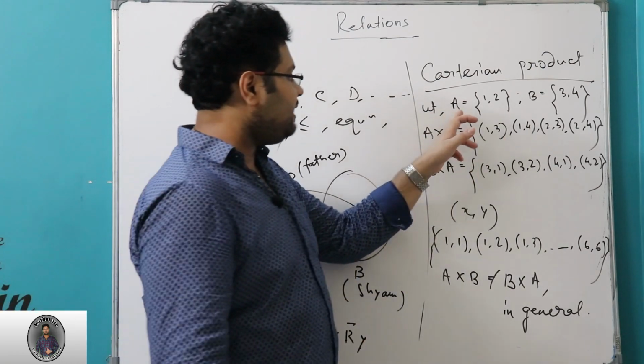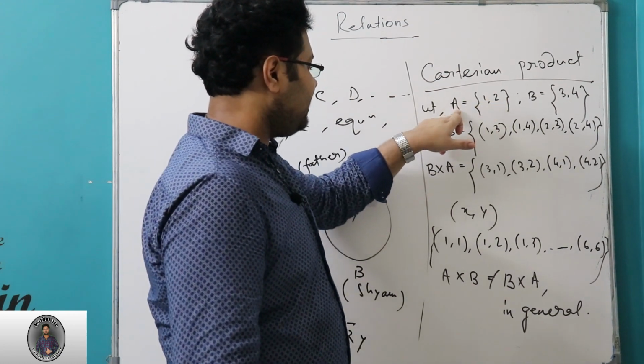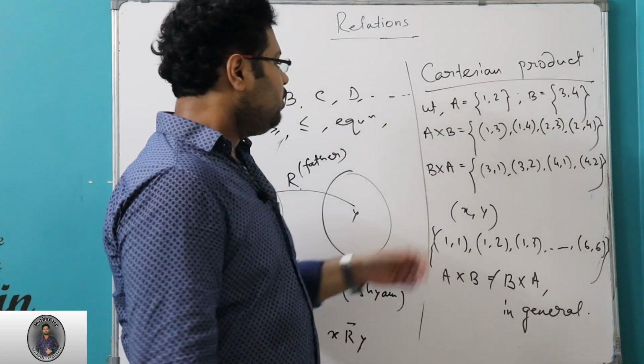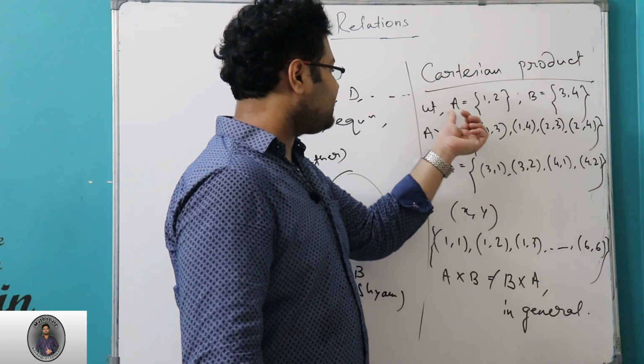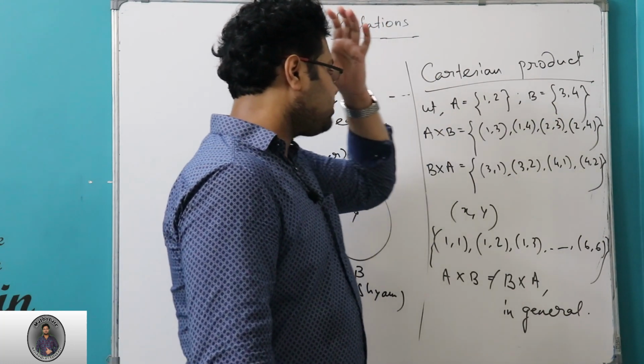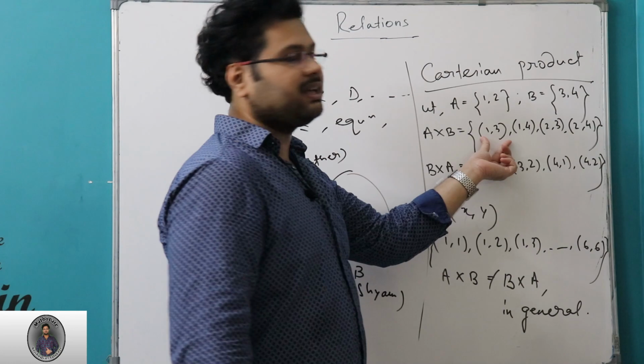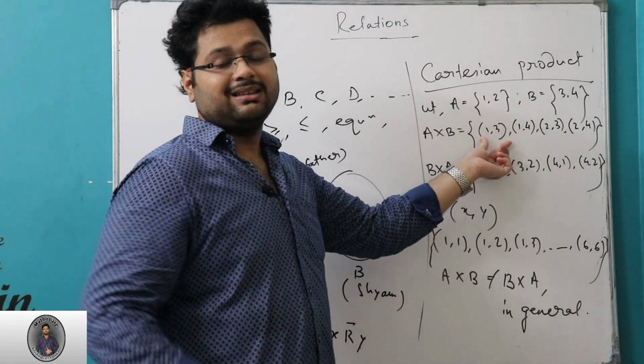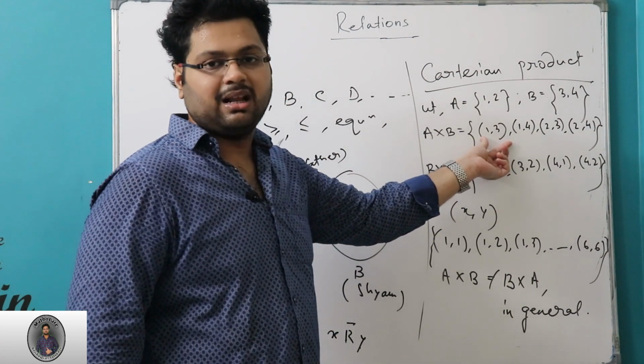So now whenever we are multiplying the elements of the set A with the elements of the set B, we can see the elements of the set A and the elements of the set B are sitting together and making the ordered pairs. Why? Because they are going to be related by some relation.